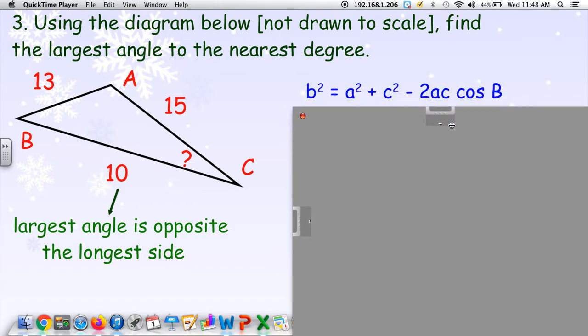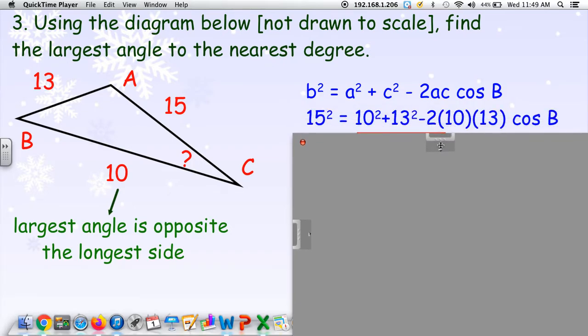I'm going to use B squared is equal to A squared plus C squared minus 2AC times the cosine of B. So I'm going to be working basically these two sides and this angle in between. So now I'm just going to plug numbers in, substitute it. I have 15 squared equals 10 squared plus 13 squared minus 2 times 10 times 13 cosine B.